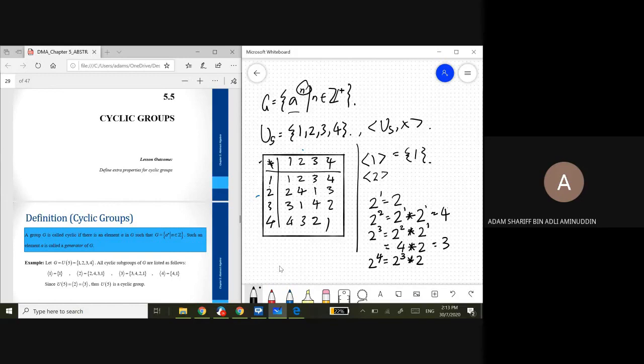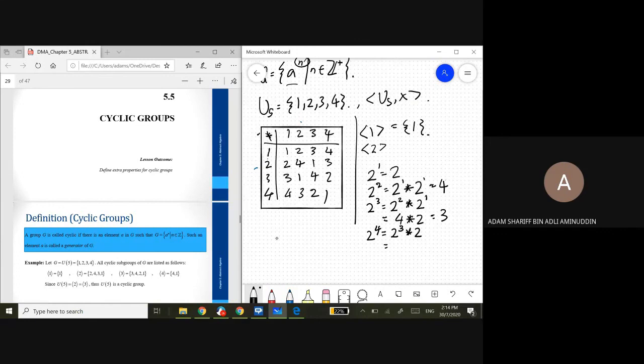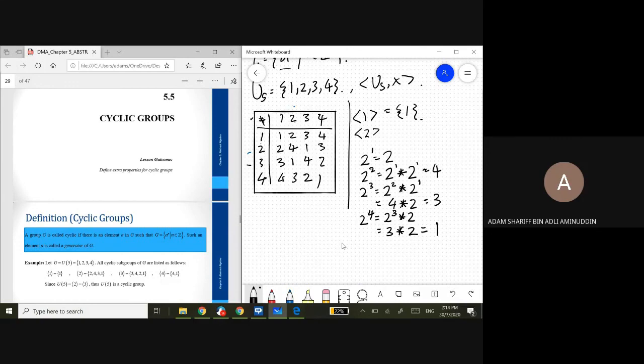Based on the previous line, 2 to the power of 3 is 3, 3 binary operation with 2. Tengok Cayley table, dapat 1. You can proceed more, but like I said, it will repeat itself. 2 to the power of 4 is 1, and binary operation with 2, you get 2.